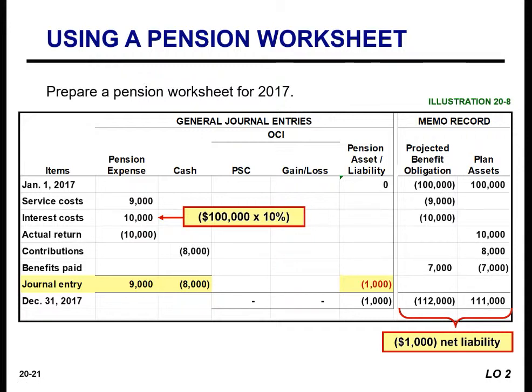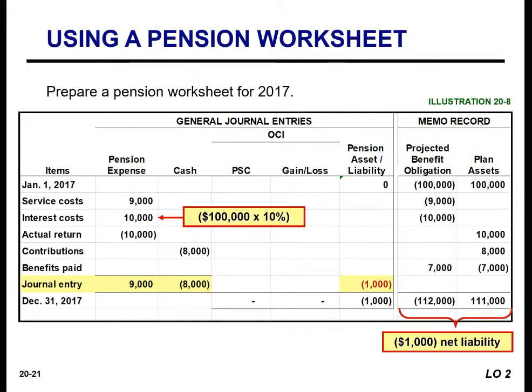Annual service cost for the pension expense was $9,000. The settlement rate is 10%, the interest rate we talked about as a result of discounting. So we take the $100,000 of projected benefit obligation, multiply that by 10%, and that says that we need to recognize another $10,000.